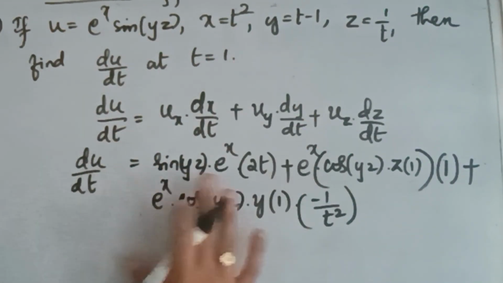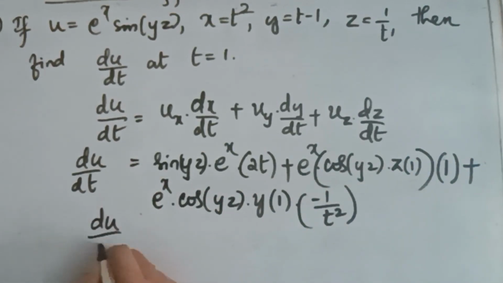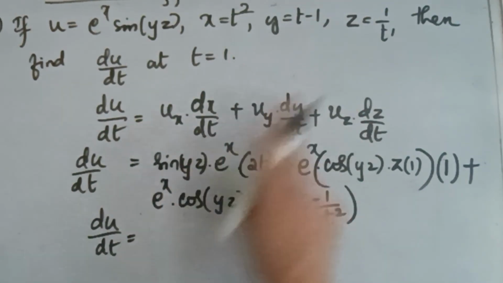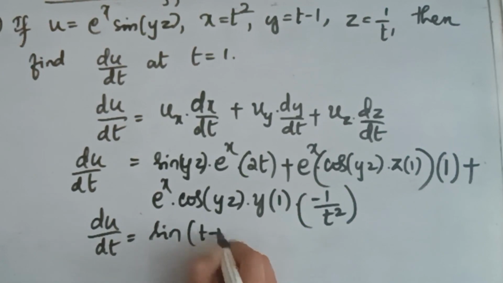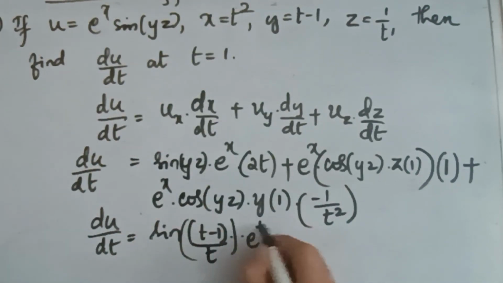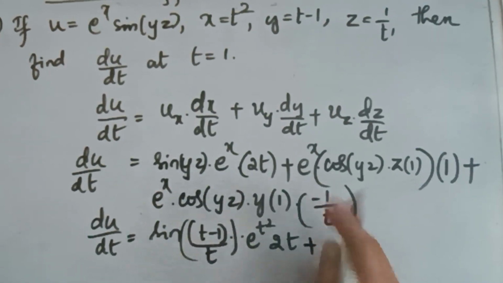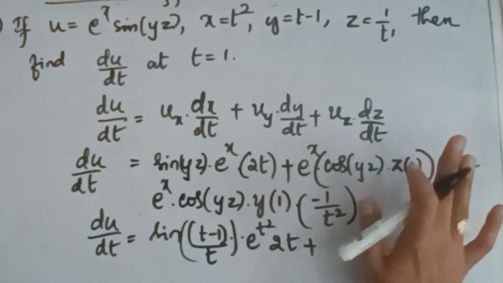So I need every term in terms of t. Therefore, du/dt is equal to sin of y is t − 1, z is 1/t, that you have to substitute here: sin((t − 1)/t) into e^x is t², into 2t. Here already you have plus, replace x, y, z by these values so that every term is in terms of t.